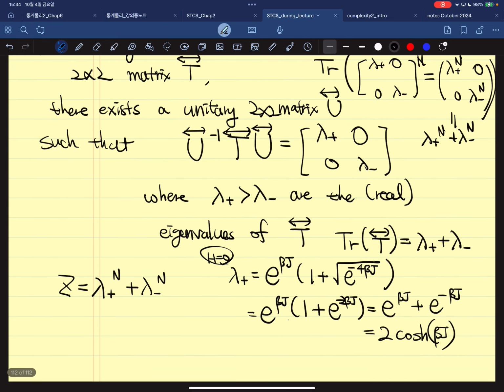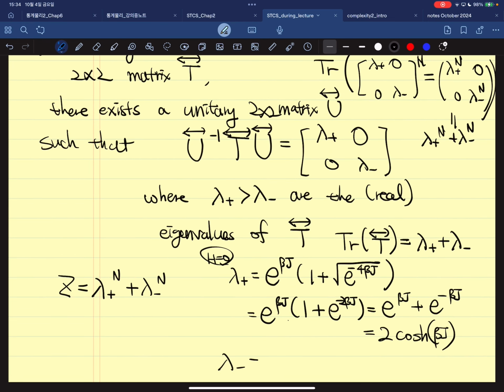And what about this? The same, but minus. So it will eventually be twice the hyperbolic sine of beta j. So this hyperbolic cosine factor and hyperbolic sine factor become the larger and smaller eigenvalues in this case.